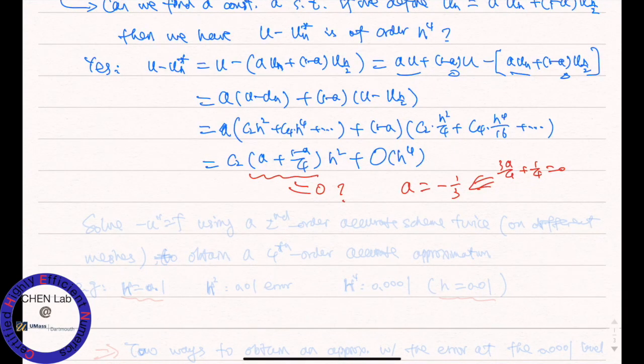So the idea here is that you solve negative u prime equals f using a second order accurate scheme twice, of course on different meshes.